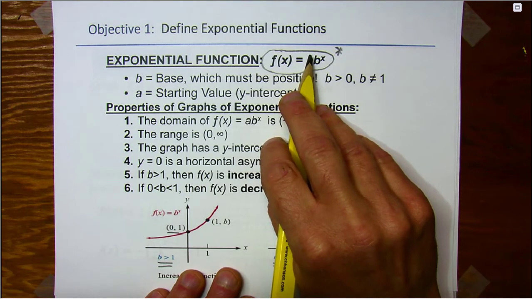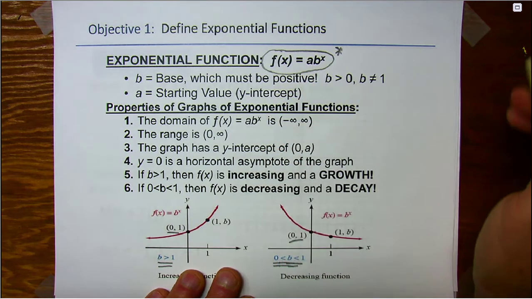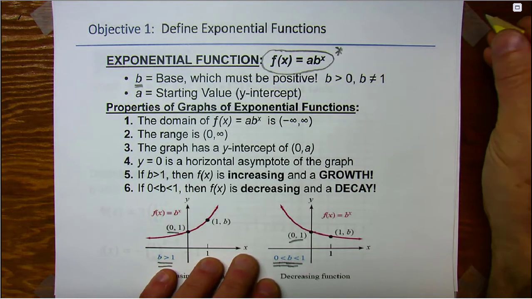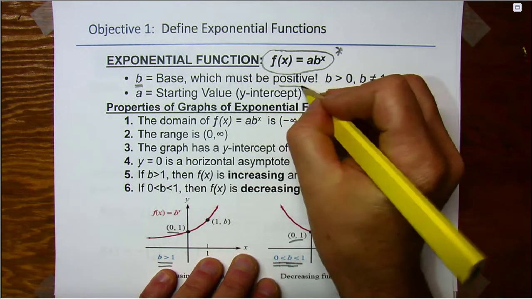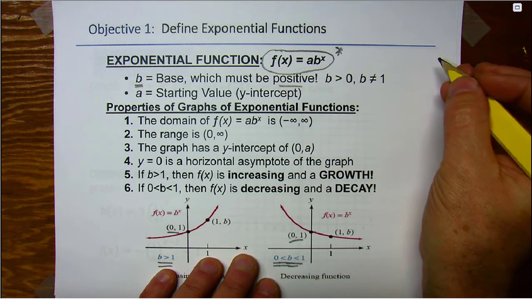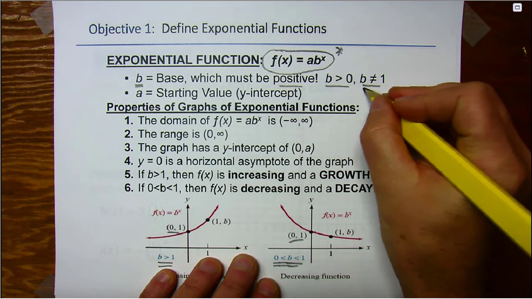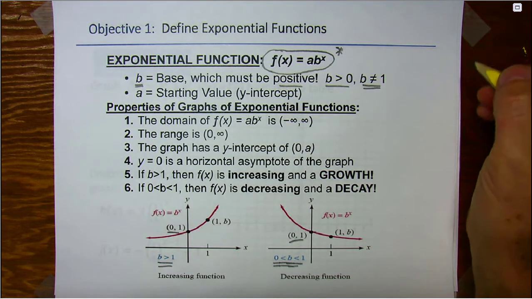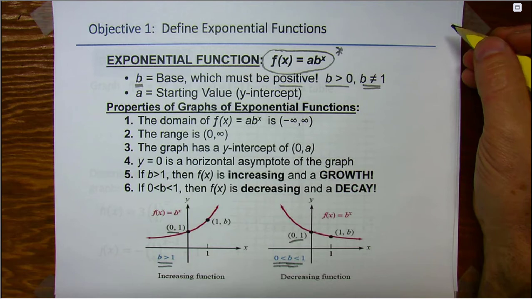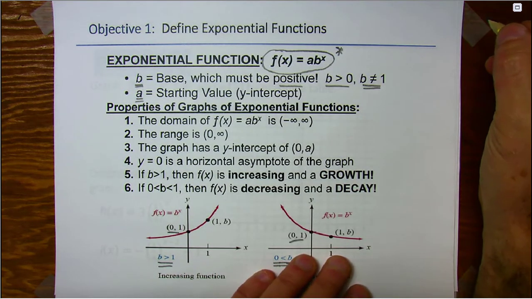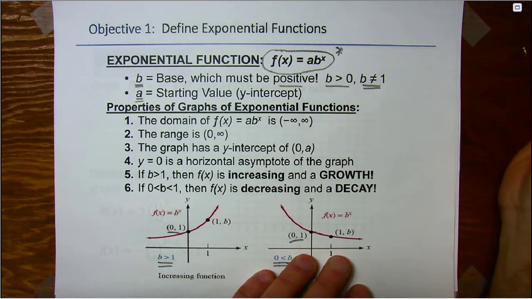But if there's a coefficient, that takes the place of a. b is the base of our exponential function, and that always has to be a positive number. That is to say, it has to be bigger than 0, but the base can't be 1 either, otherwise the function stays flat. And a is our starting value if we're starting at something other than 1, and we'll talk more about that in a little bit.